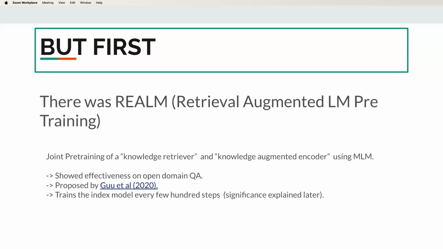It will take your query and fetch you the top K or top one documents that would be most relevant to your query. And it would take a knowledge augmented encoder, which is again a very fancy term for a BERT model that these guys were using. Remember these papers, RAG, REALM. Most of the early RAG model papers came out in 2019, 2020, 2021.